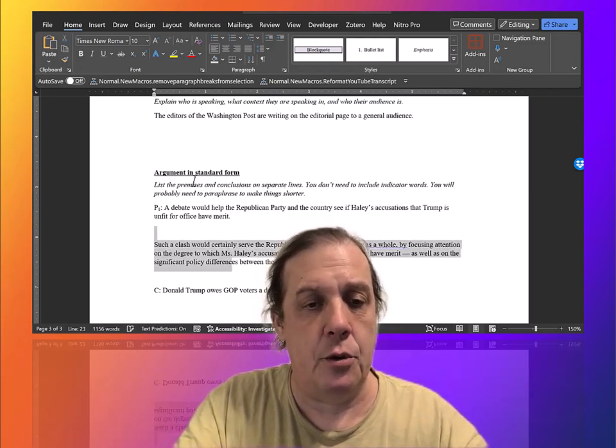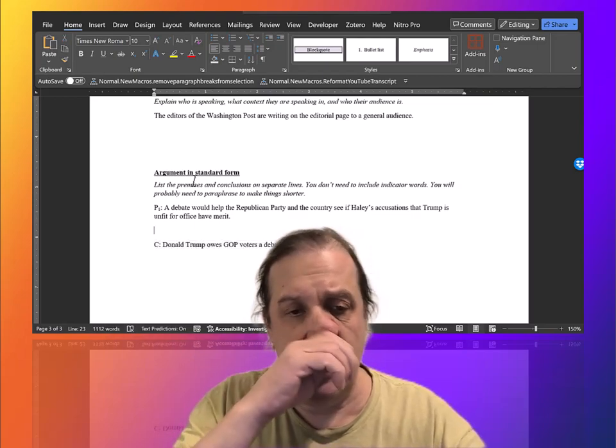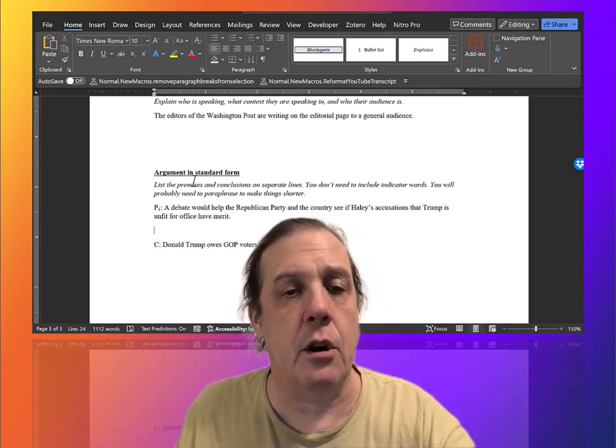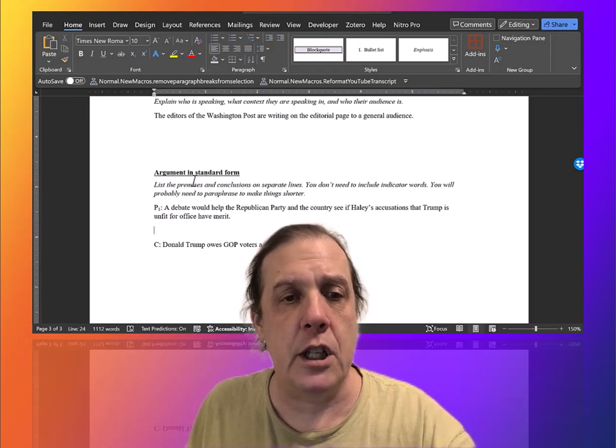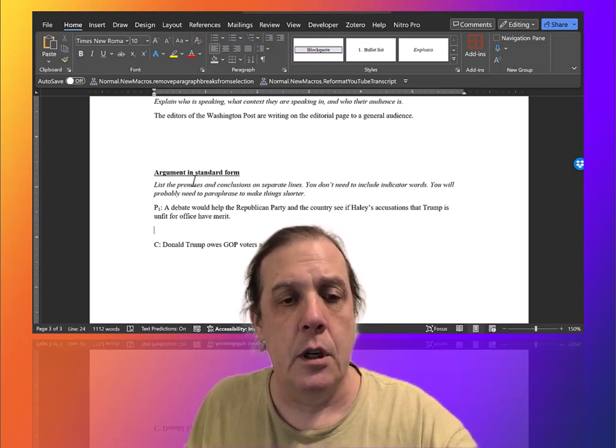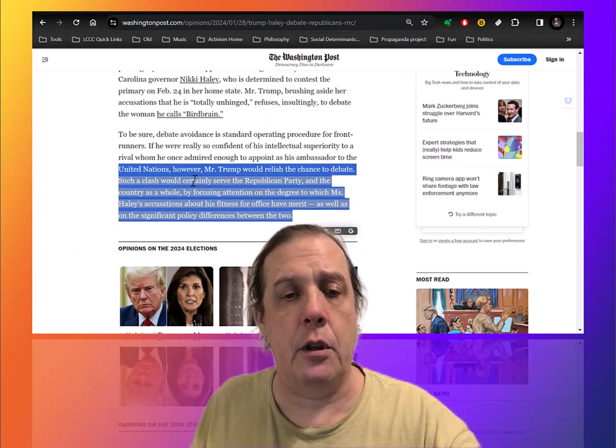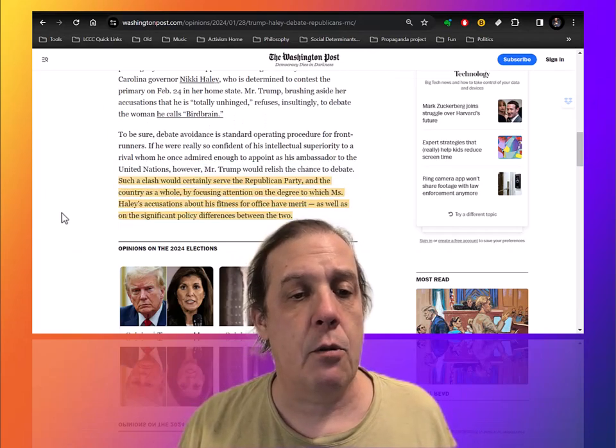So that's a little bit shorter. And there are going to be several premises like this in the article, but we don't need to highlight them all. I'm just going to put in a few of the important ones, right?